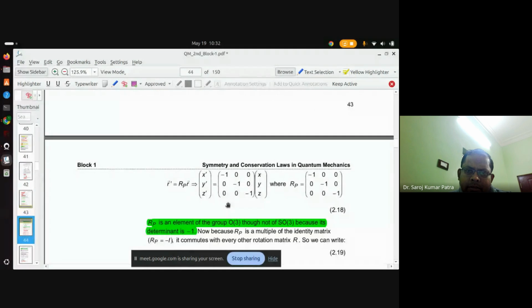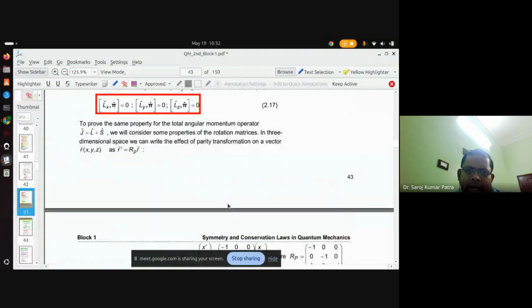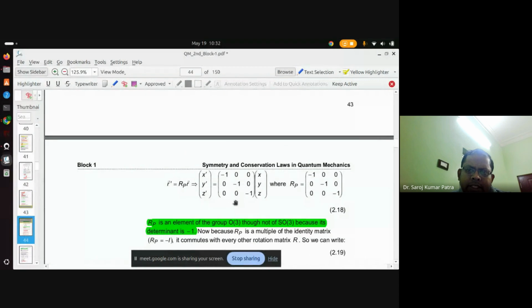And the rotation parity, if we want to represent it by a matrix, will be of this form. You can see if we write x prime, y prime, z prime will be equal to minus 1 0 0, 0 minus 1 0, 0 0 minus 1, times x, y, z.